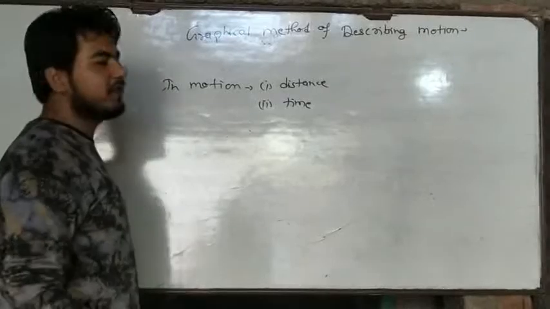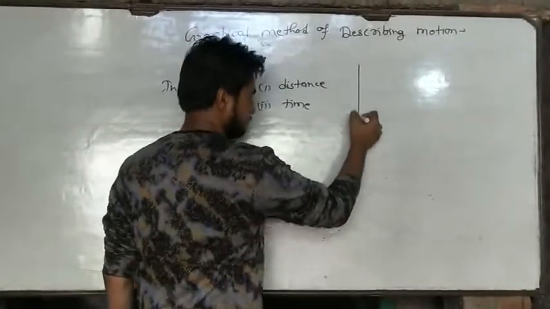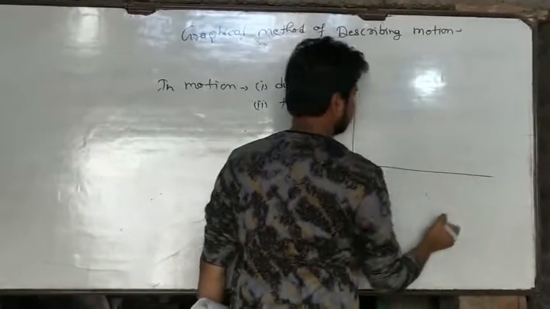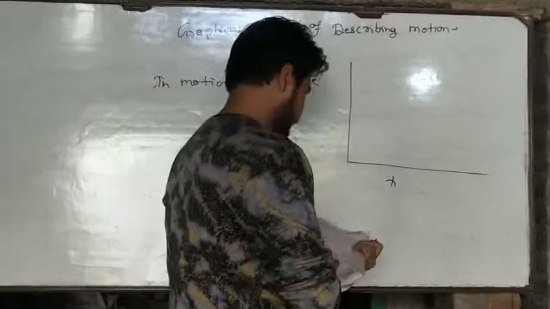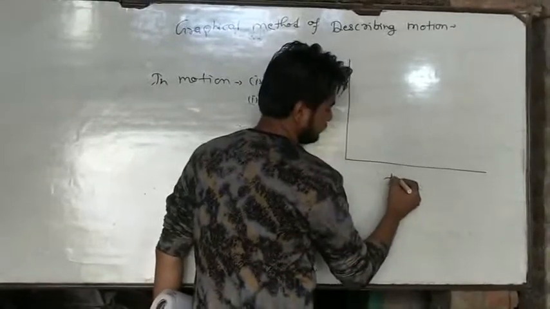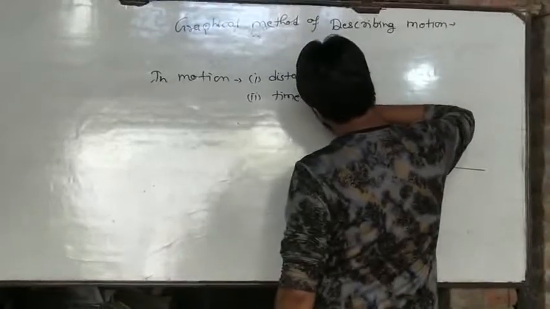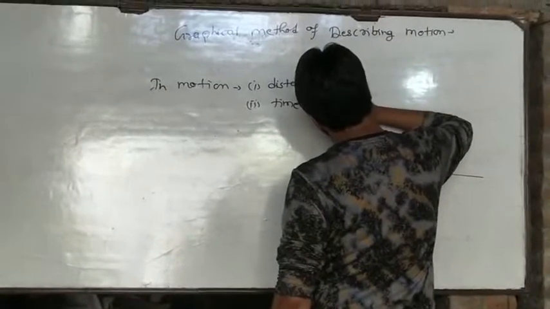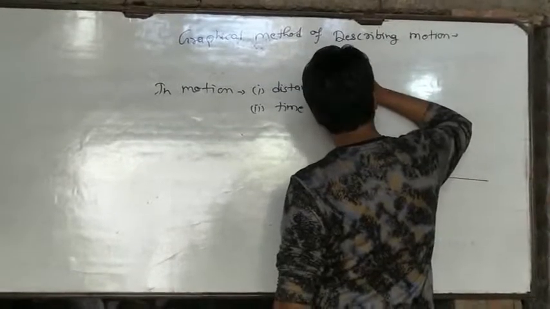So we take time and distance on the graph. This is time in seconds. This is distance in meters.